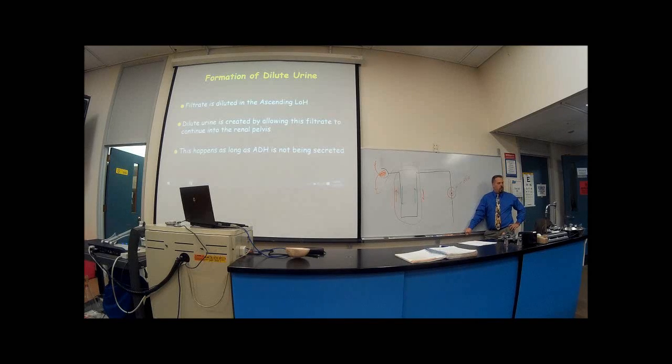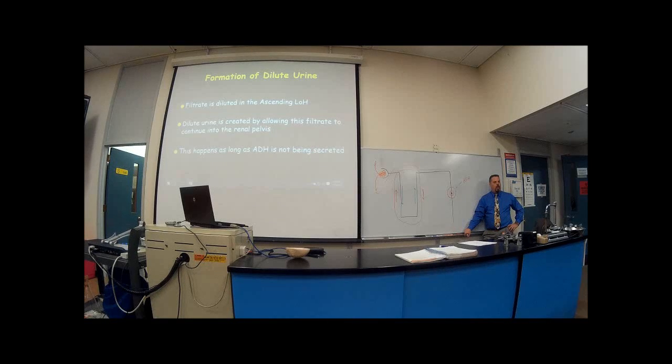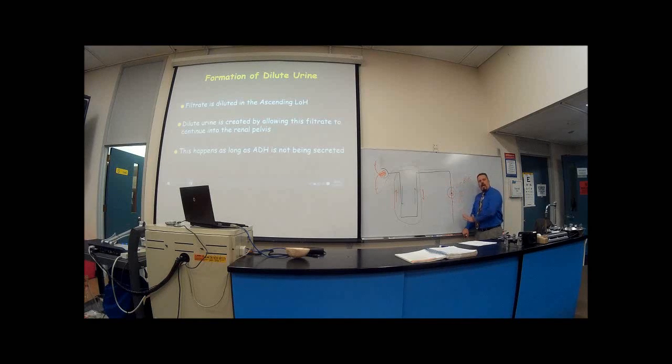What does ADH do to water? Reabsorbs water. So what happens to the concentration of your urine? It becomes more concentrated. Does that make sense? If this area doesn't have much ADH, then water will not get reabsorbed, so it stays in your urine, and it's going to make more of a dilute urine.